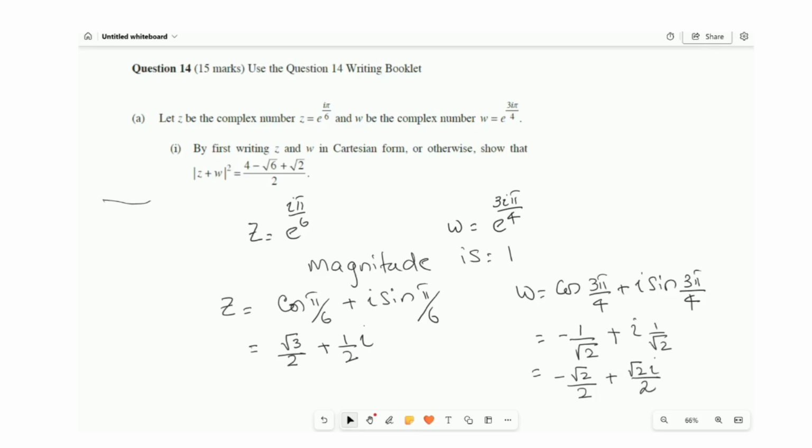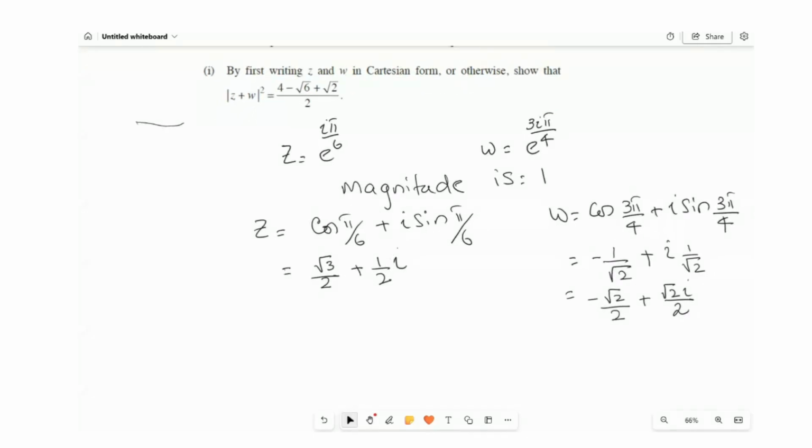So now what is z plus w? Therefore z plus w is equal to square root of 3 over 2 plus half i, plus minus square root of 2 divided by 2 plus square root of 2 divided by 2 i.